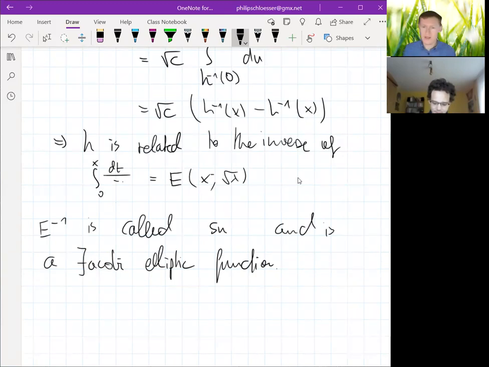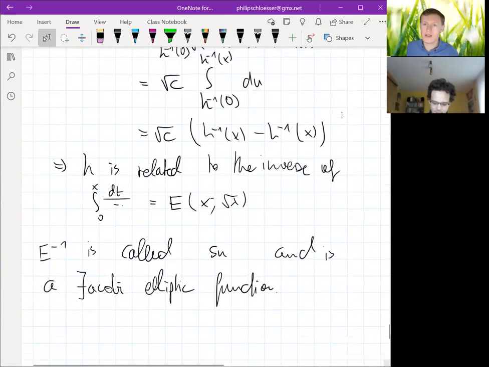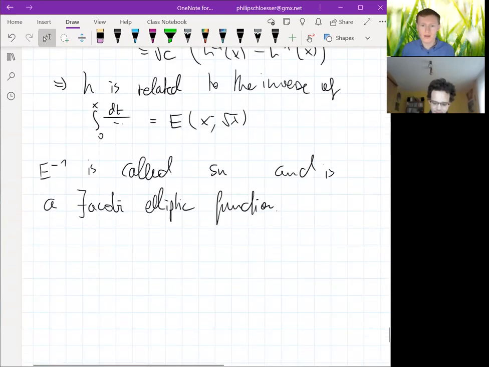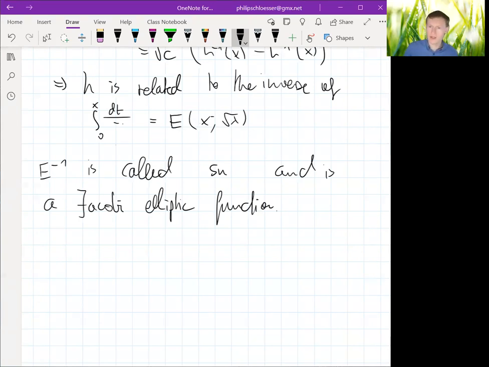But they're just physically more intuitive and also have other things. So I'm going to do a short sketch of what these particular elliptic functions are all about, but we're not going to really dwell very much on them.